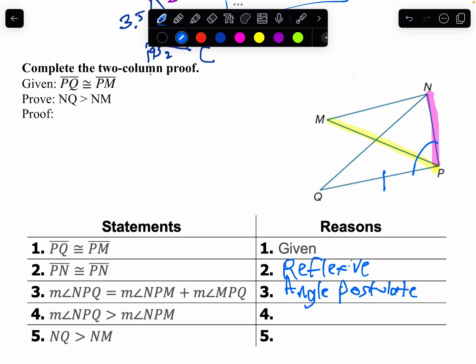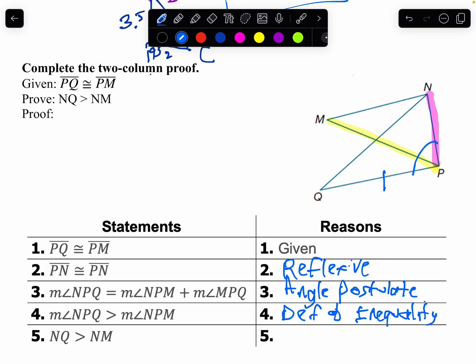And then, since NPQ is composed of those two added up, I know NPQ is bigger than either angle. So we're going to say NPQ is greater than NPM. What's that reason? Well, that's what we call your definition of inequality. Okay, so we're going to say definition of inequality, or you can say the comparison property, because we're comparing NPM to NPQ.